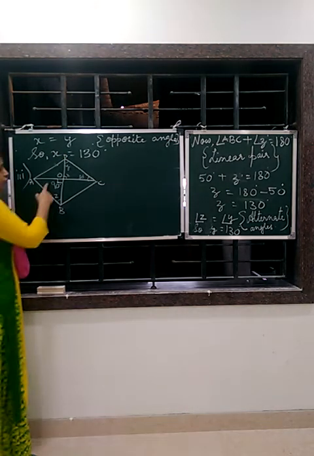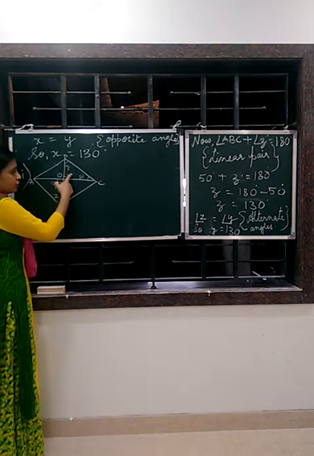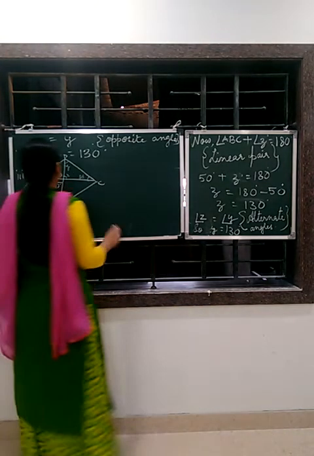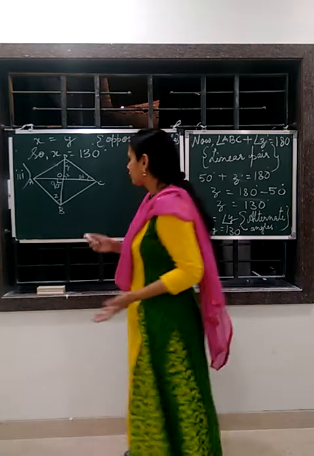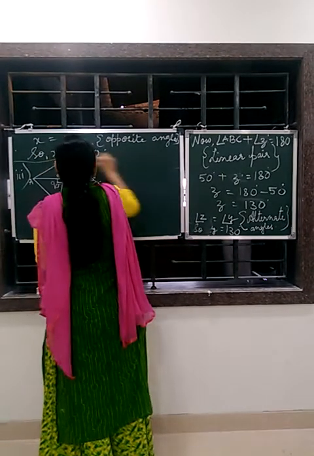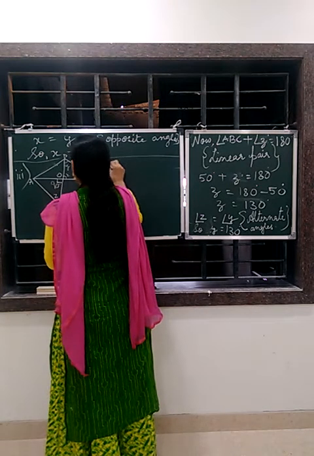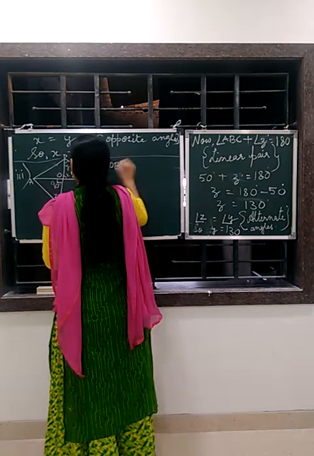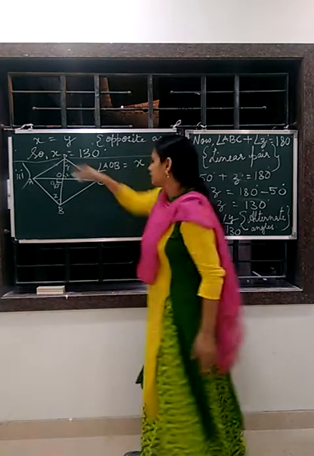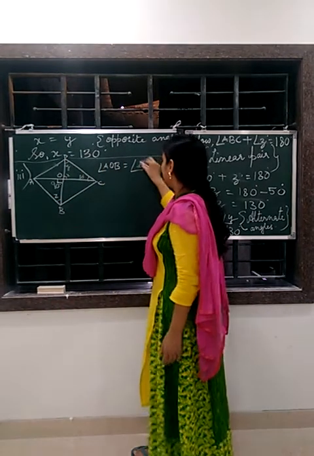Angle, yes, so these two angles are equal, so this is 90, so this also will be 90. So you can write, since diagonals bisect each other, angle AOB is equal to x, that is DOC.